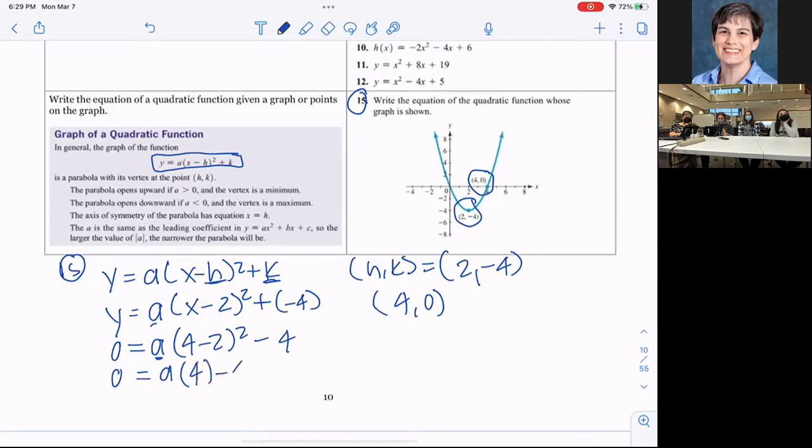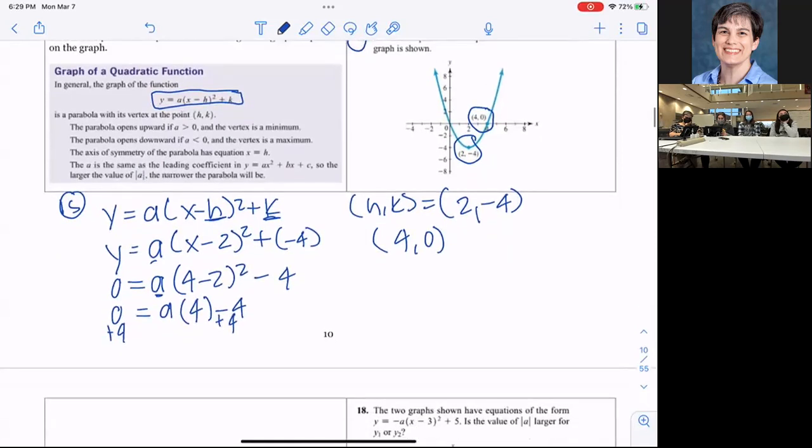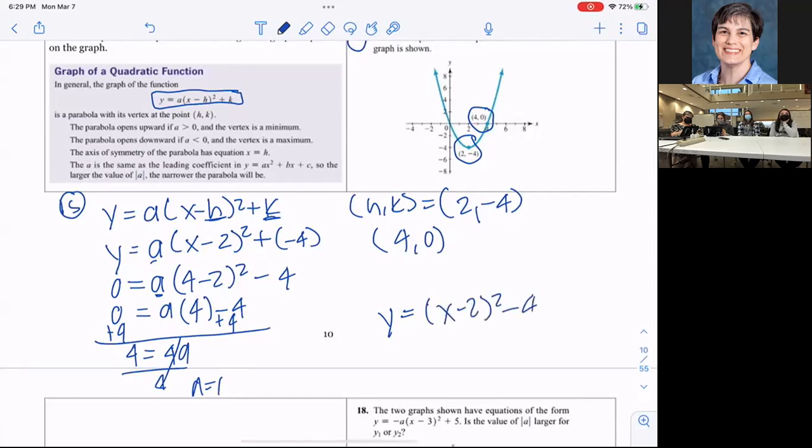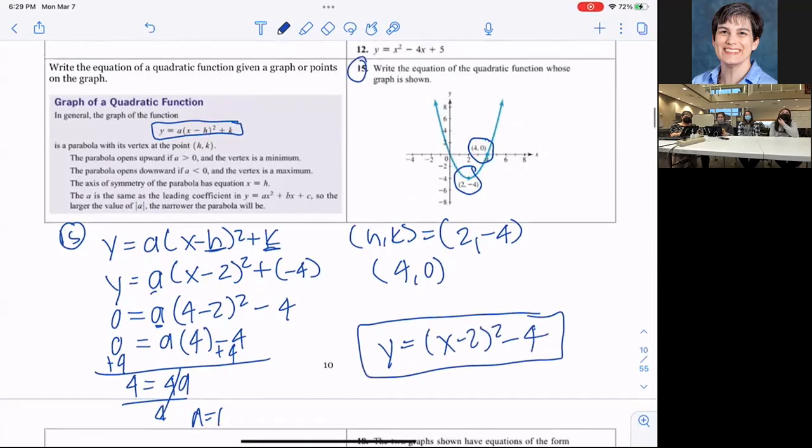So a times 4 minus 4, and then finishing off, we are going to get 4 equals 4a and a equals 1. So plugging that back in, we are going to have y equals x minus 2 squared minus 4. And this is going to be our equation of this graph.